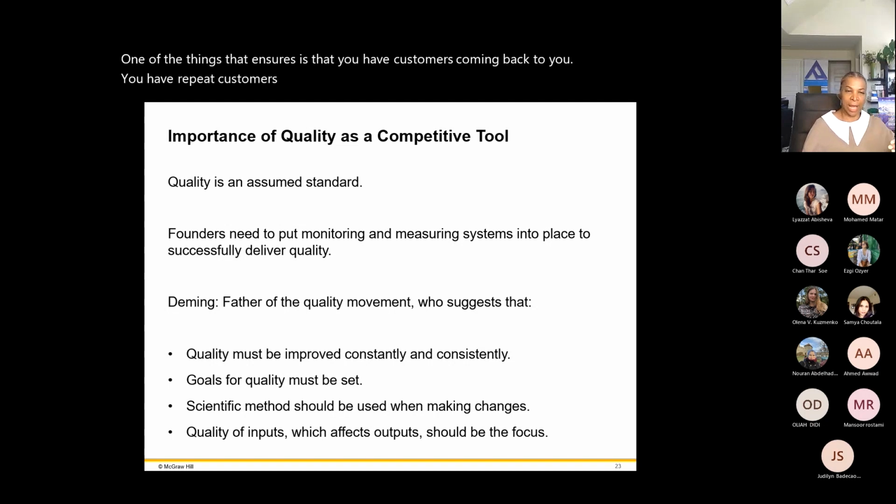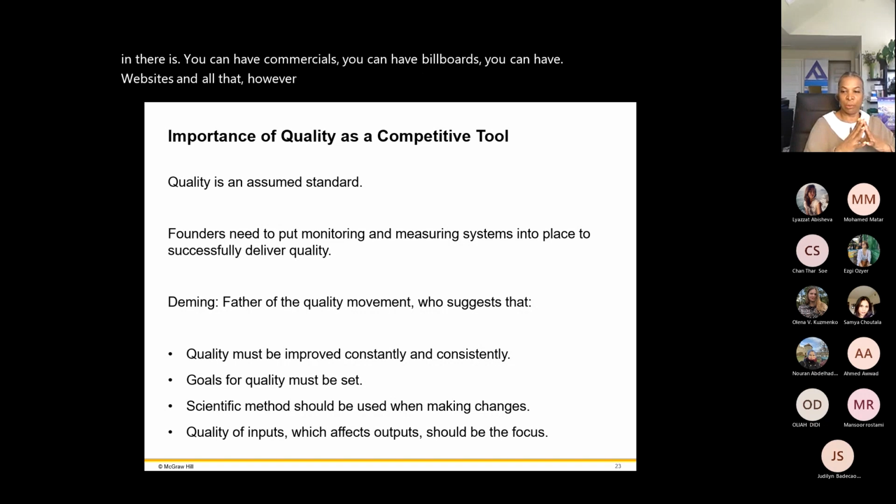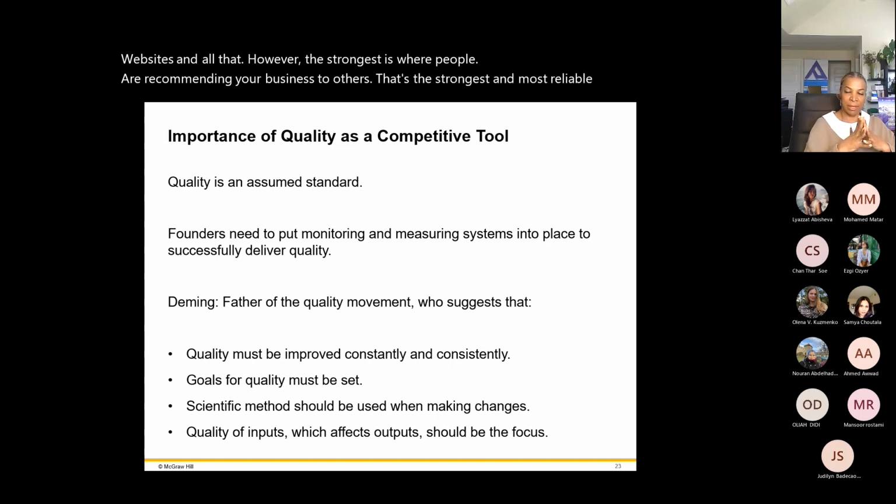It also ensures word of mouth, WOM, the strongest marketing there is. You can have commercials, you can have billboards, you can have websites and all that. However, the strongest is where people are recommending your business to others. That's the strongest and most reliable marketing method.